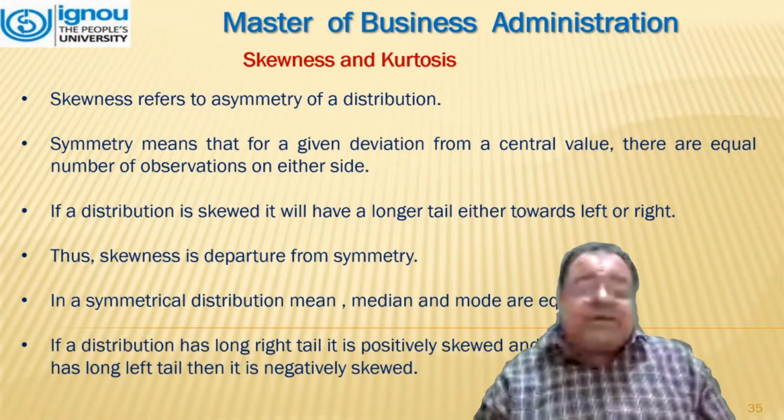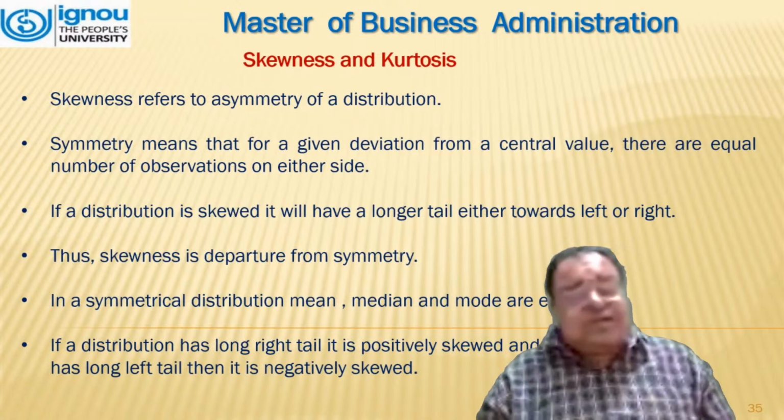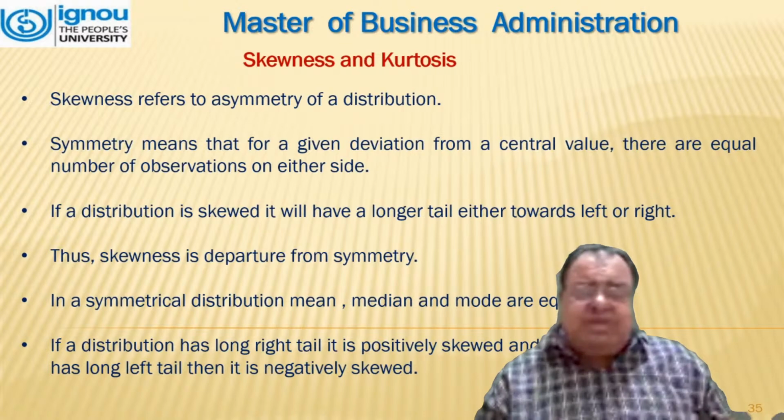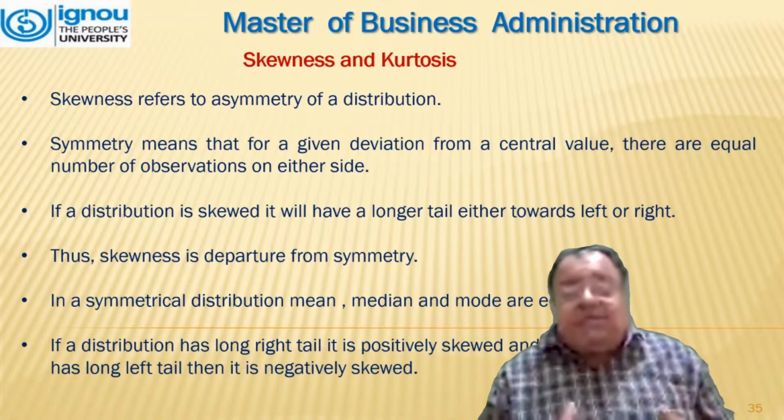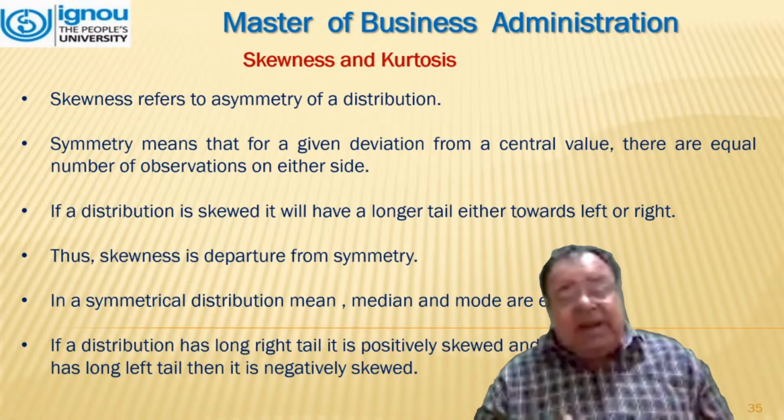Now, the most interesting part is skewness and kurtosis. Skewness refers to the asymmetry of the distribution. Symmetry means that for a given deviation from the central value, there are an equal number of observations on either side. If a distribution is skewed, it will have a longer tail either towards left or right.